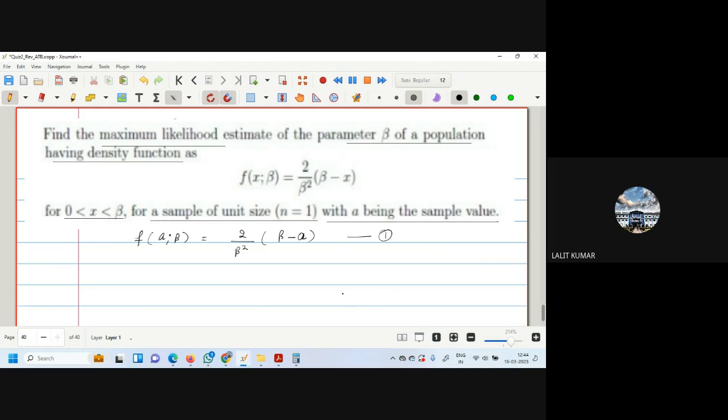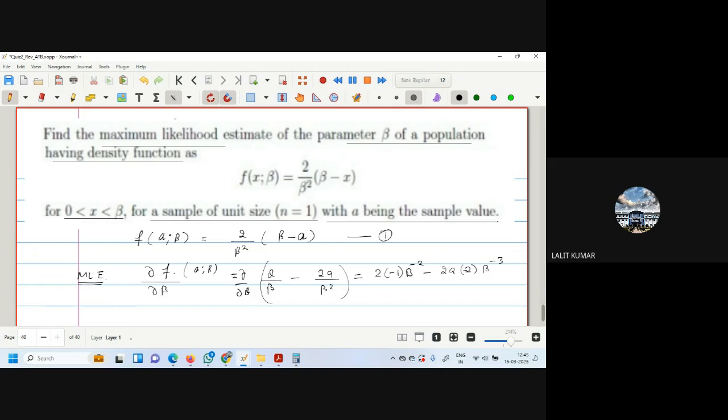And for MLE, we take its derivative with respect to beta. So I can write this as 2/beta minus 2a/beta square, and when you take the derivative, it will become 2 into minus 1 into beta to the power minus 2, minus 2a into minus 2 beta to the power minus 3.